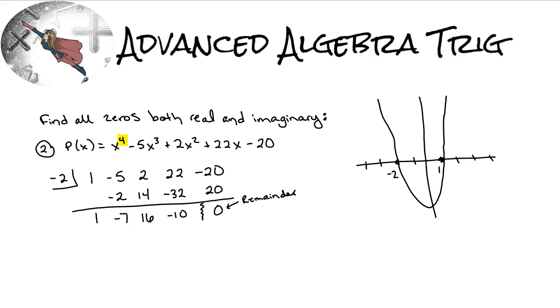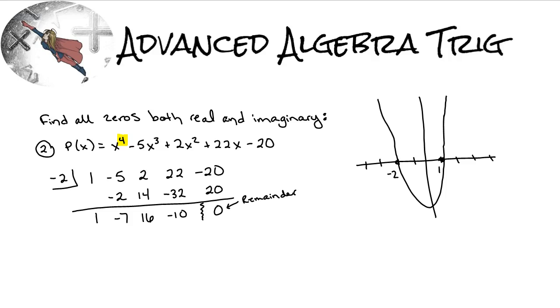Now, on the other problem, I started writing x cubed minus 7x squared plus 16x minus 10. I'm not going to do that here. I'm going to erase that. Don't be tempted to write in the x's yet, because we still have to divide once more, because our goal is to get it down to a quadratic, because quadratics are much easier to work with.